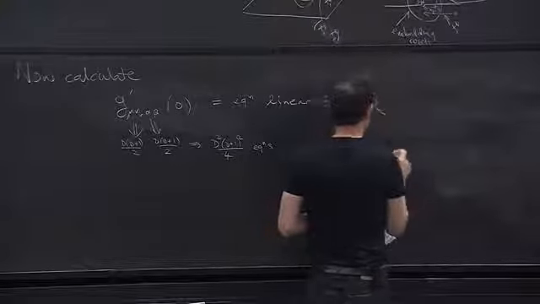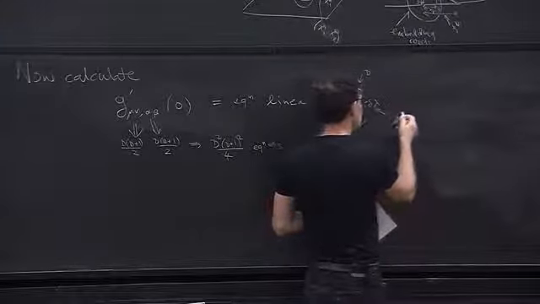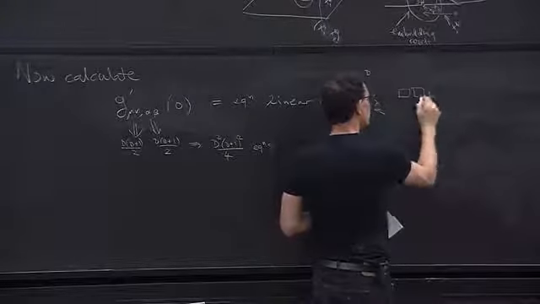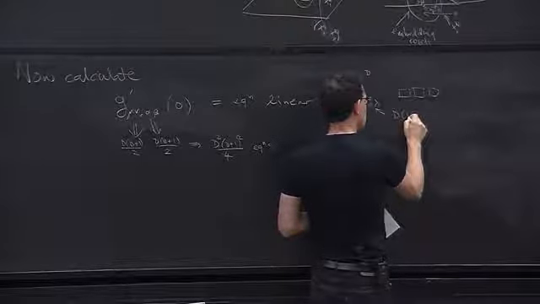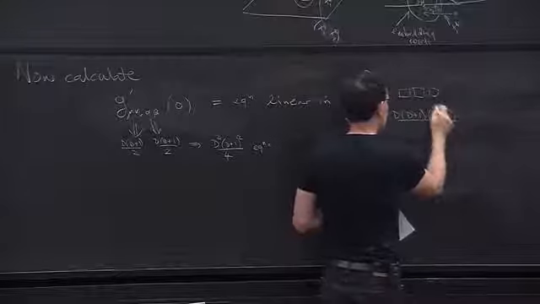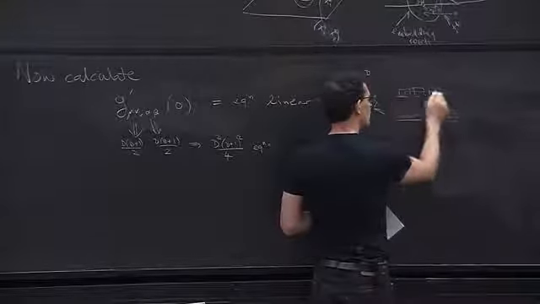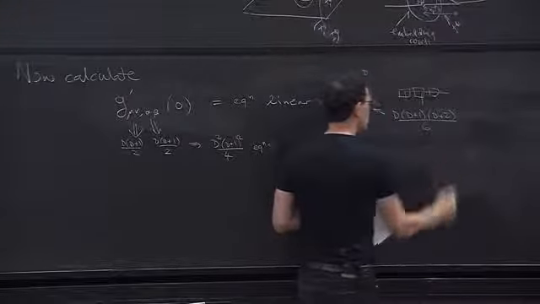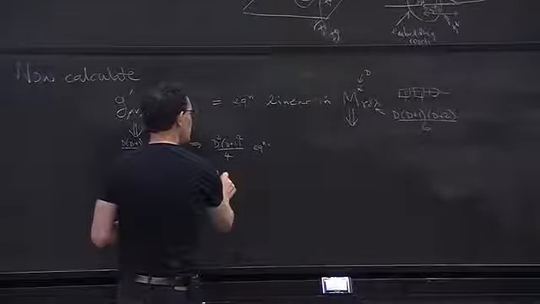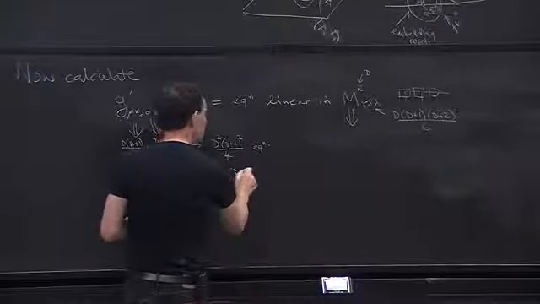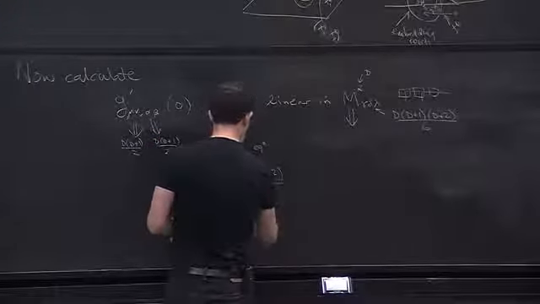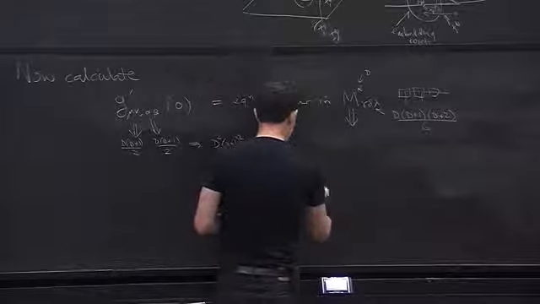How many independent components does it have? Well, we draw the Young tableau. There are 3 indices, so this is d, (d+1), (d+2) over the hooks, which are 3 and 2, over 6. So we have d squared (d+1)(d+2) over 6 parameters.